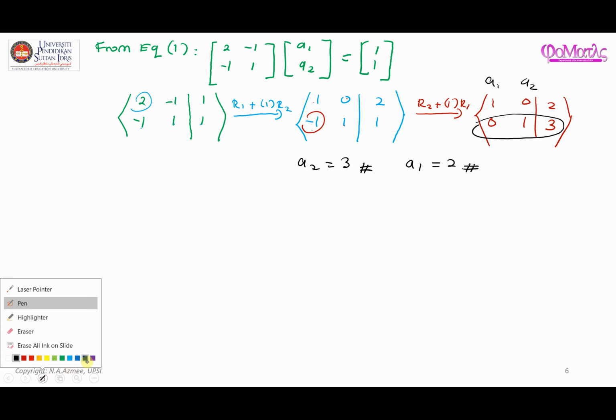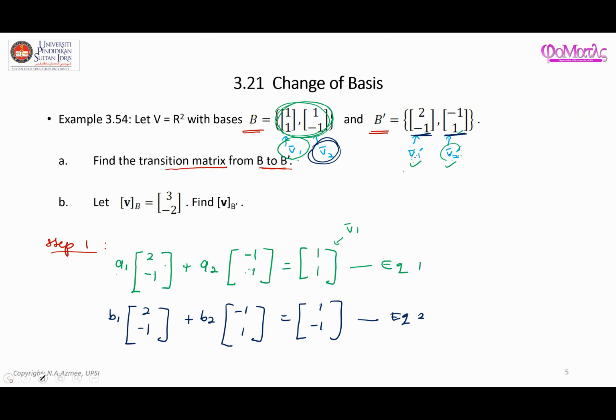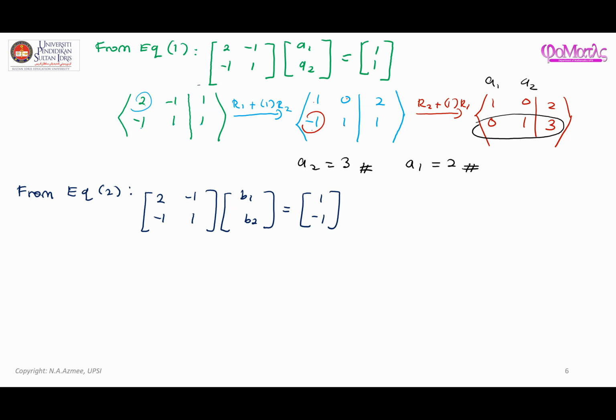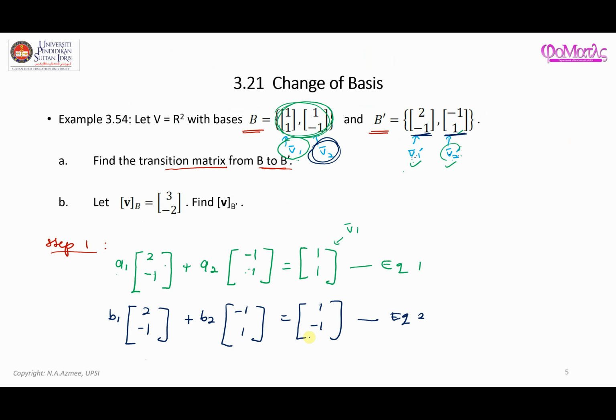Now, next, from equation 2, I need to find the values of b1 and b2. Again, if we follow this idea, I have the matrix (2, negative 1), (negative 1, 1), and here is b1 and b2, which must be equal to the new vector 1, negative 1.